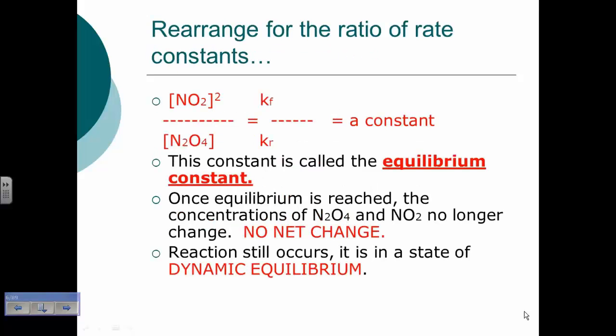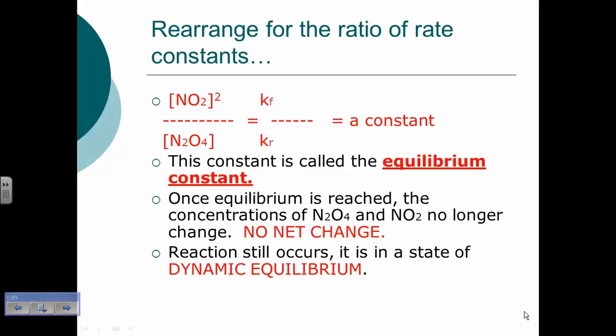What I'm going to do now is rearrange this ratio to get the K constants by themselves. So what I'm hoping to do, if I think about what we just had, Kf set equal to Kr, I want to get the K's on one side and the concentrations on the other side. So we'll do that by simply dividing both sides by Kr, the reverse, so you simplify, and then divide both sides by N2O4.